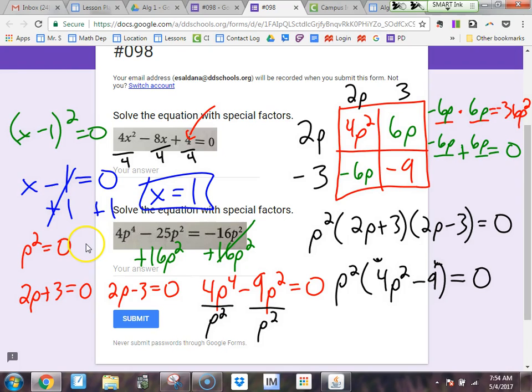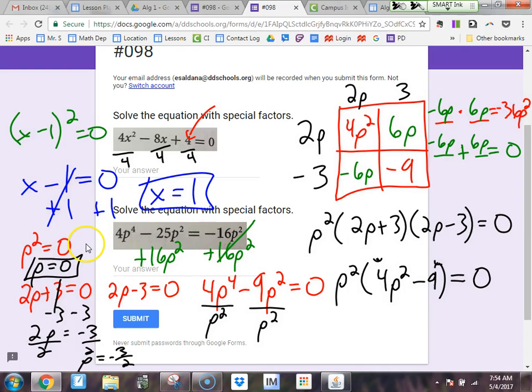For this one, what value, if I squared it, would give me 0? Only 0. The only thing that if you square it you get 0 is 0. So p equals 0 for one of the answers. For the next one, first subtract 3. That's 2p equals negative 3, and divide by 2.